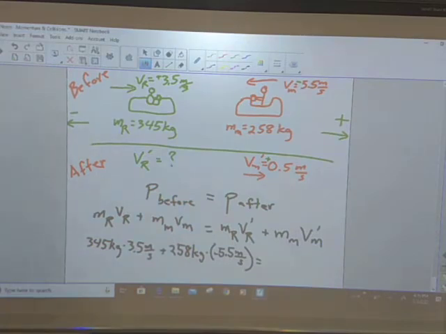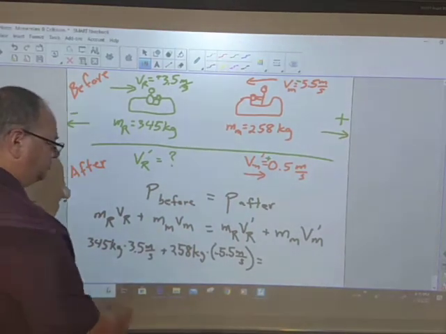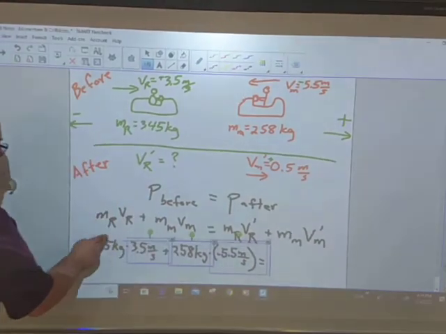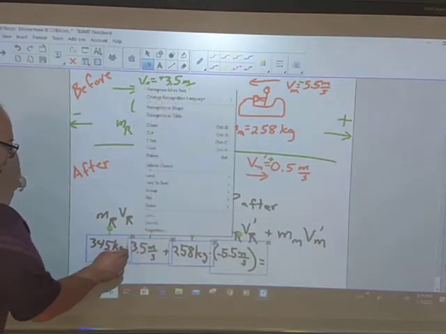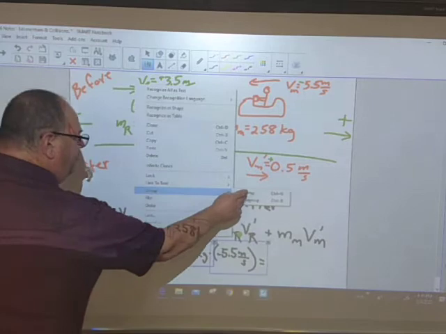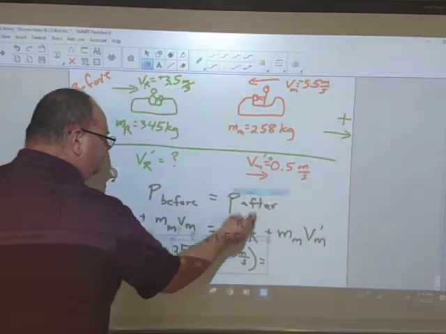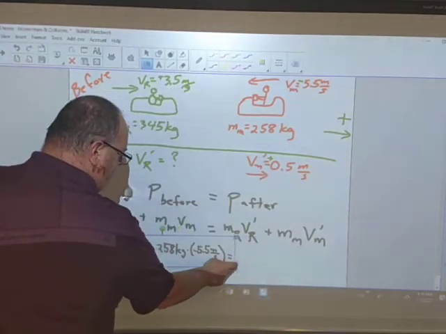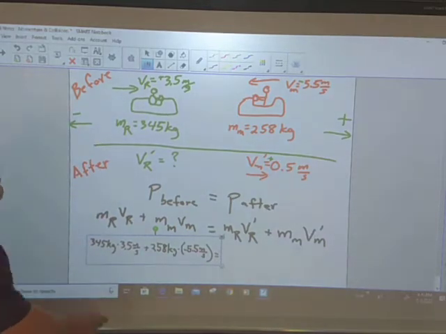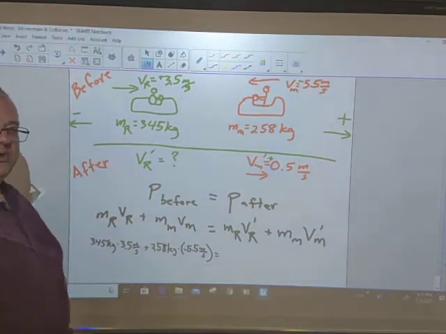I'm going to have trouble fitting this on the board. I think what I'm going to do, highlight that, group it together, shrink it a bit. Good luck doing that on your paper.